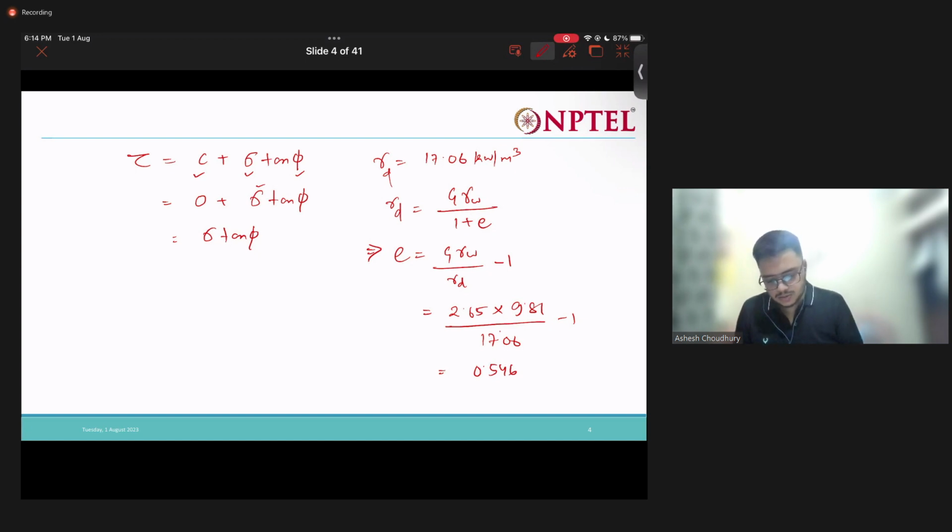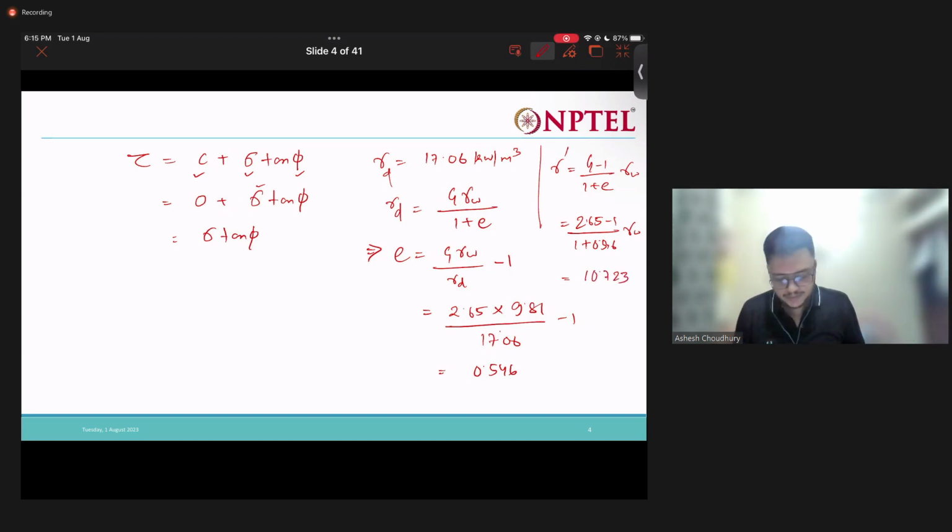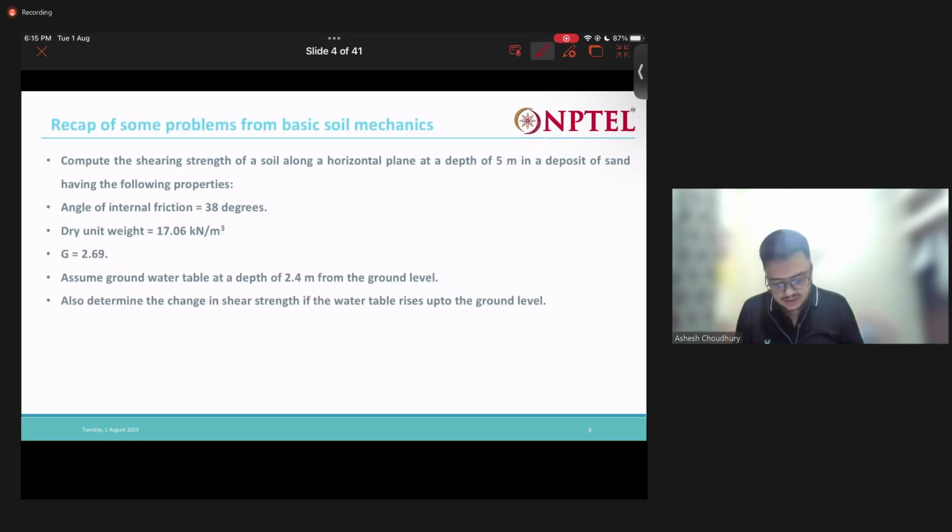Now we can find out the submerged unit weight, nothing but G minus 1 by 1 plus e into gamma w. So G is 2.65 minus 1 plus 0.546, times gamma w. So this will be, I think, 10.73. Now let us find out the effective normal stress at this point.